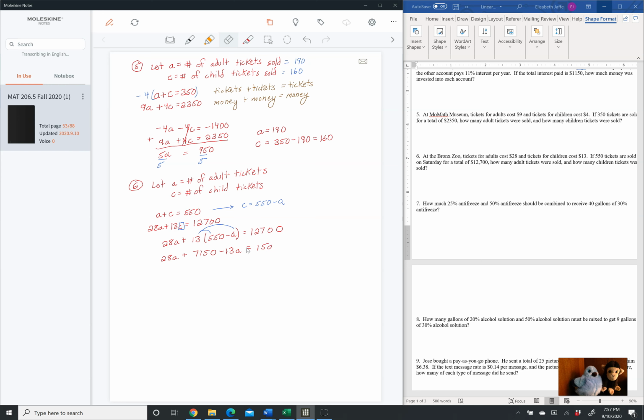The 7,150 is less than 12,700, which makes sense. So we're going to take the 12,700 and subtract 7,150. And we get 15A is equal to 5,550.